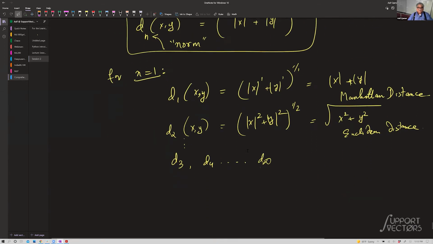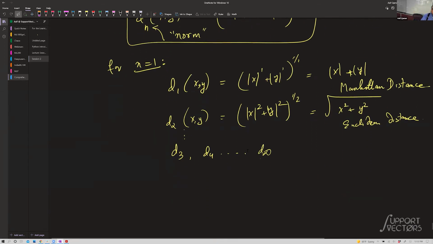This is your distance. So now let's see what it looks like. By the way, special case, what does d infinity look like? D infinity will do x to the power infinity plus y to the power infinity, right? I mean, some number very, very large. So if you compare two numbers to very, very high powers, what will happen?